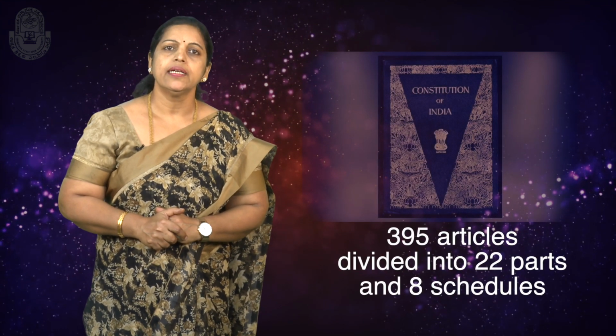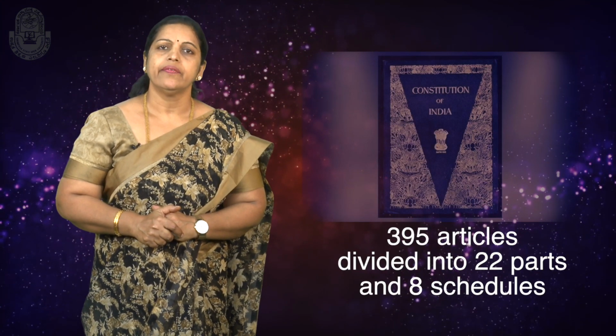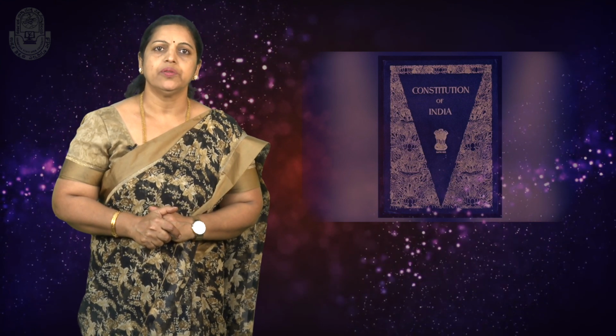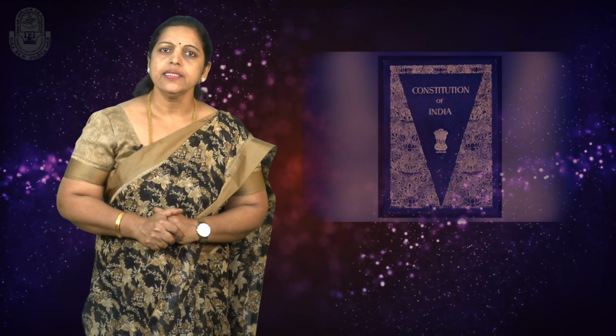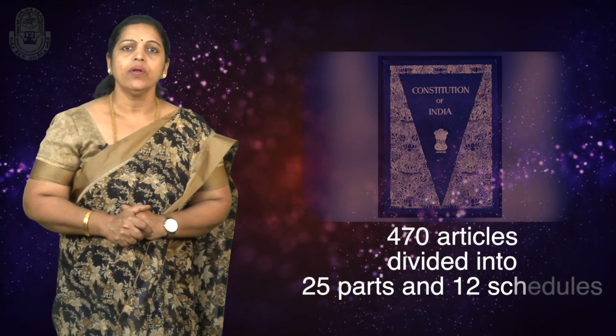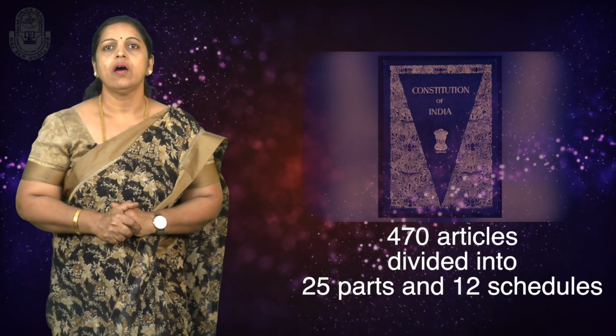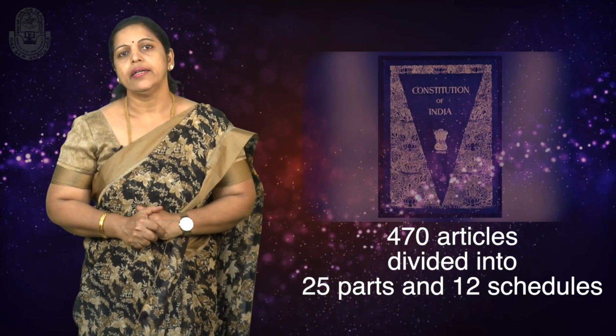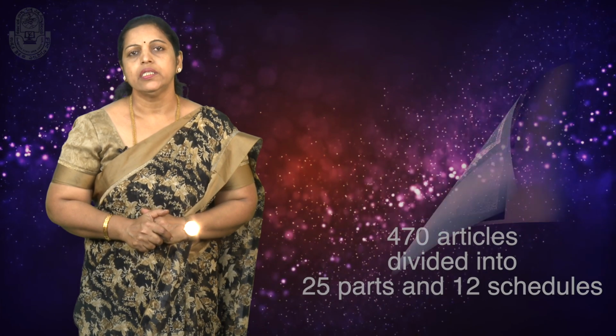The Constitution of USA has 7 articles, whereas the Indian Constitution at the time of commencement contained 395 articles divided into 22 parts and 8 schedules. Now it consists of 470 articles divided into 25 parts and 12 schedules.